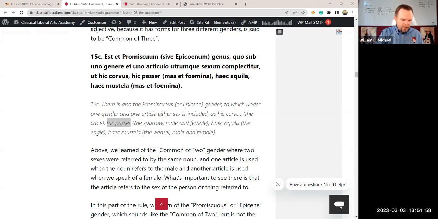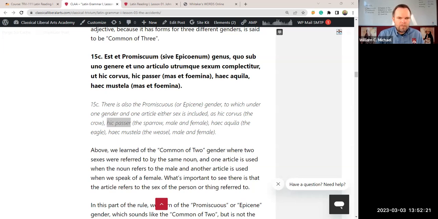So hic passer could mean male or female sparrow. So it's not like parens, because with parens, we said hic parens is male and haec parens is female.